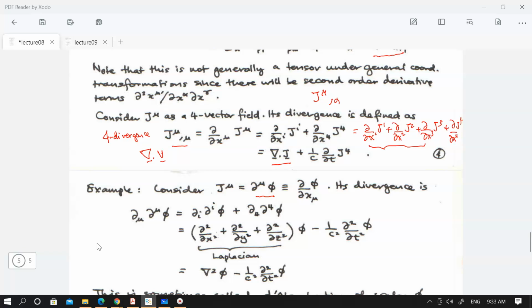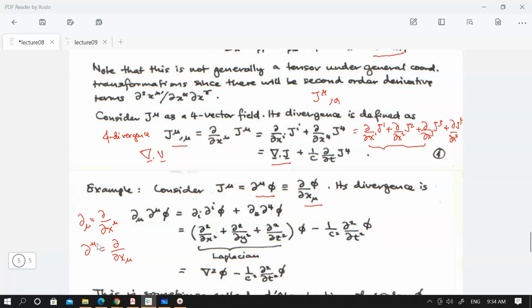Here I'm using again this particular notation, partial mu, where partial mu at the bottom is partial over partial x mu, and partial mu on top is partial x mu at the bottom. This is just rewriting in this particular notation.